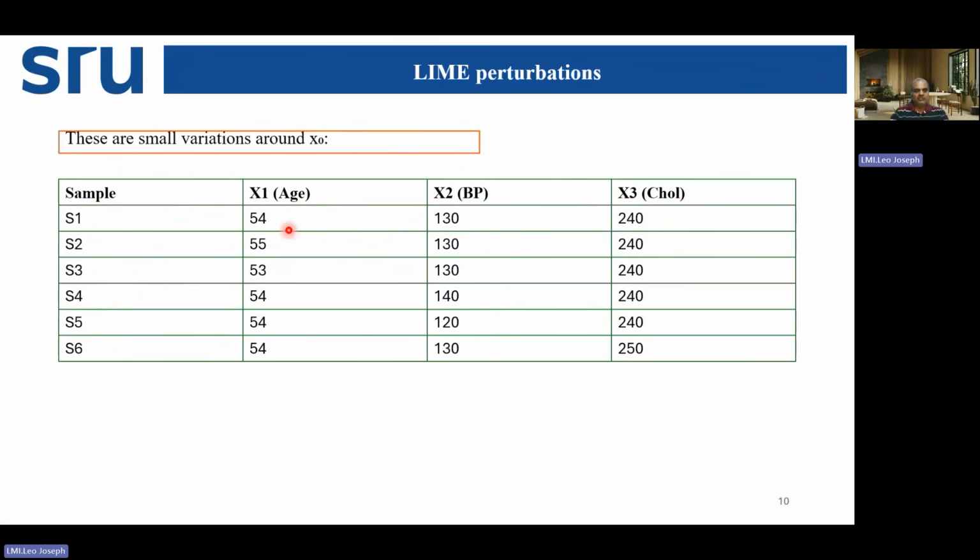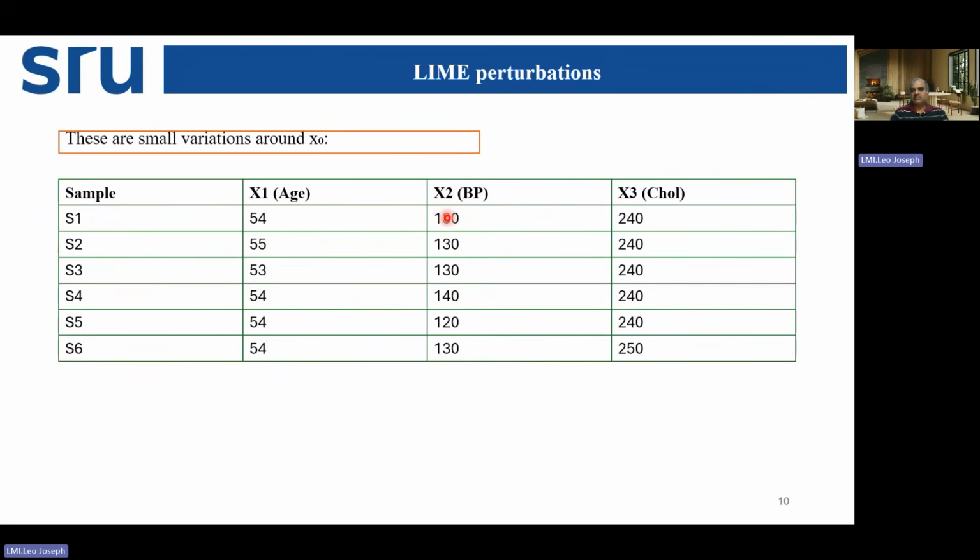Here 54 becomes 55, increased by one, while 130 and 240 remain the same. Next, it reduces by 1, giving 53, with 130 and 240 the same. Next, 54 stays the same, but 130 becomes 140, increasing by 10, and 240 stays the same. Then 54 stays the same, but it decreases by 10, so 120 comes.